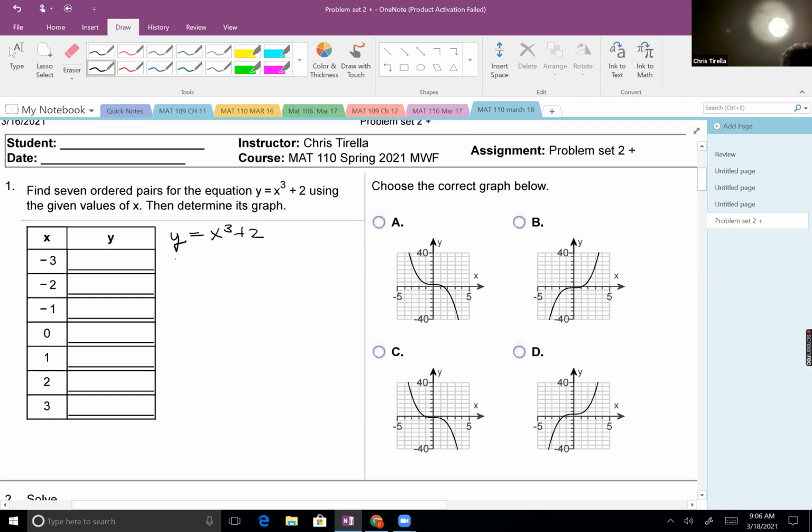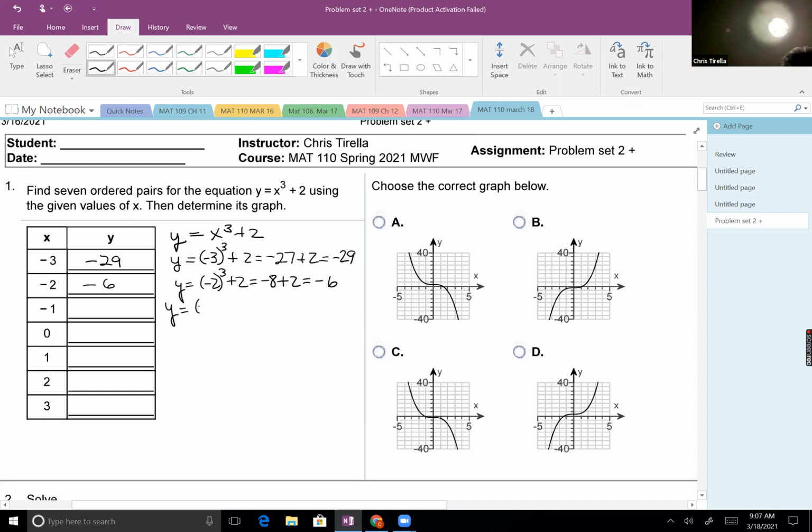So if x is -3, y would be -3 cubed plus 2. -3 to the third is -27, plus 2 would give me -29. And then when x is -2, -2 cubed plus 2 would be -8 plus 2, or -6.